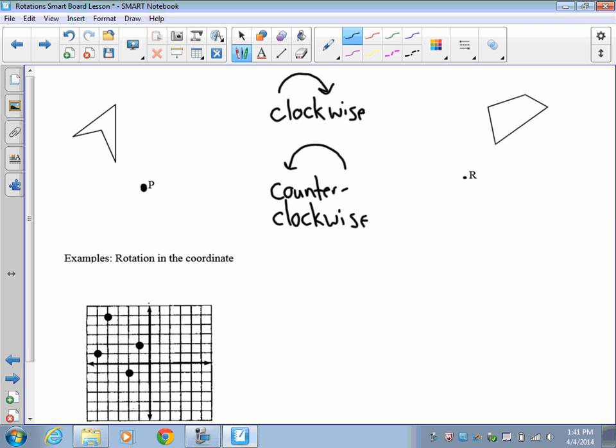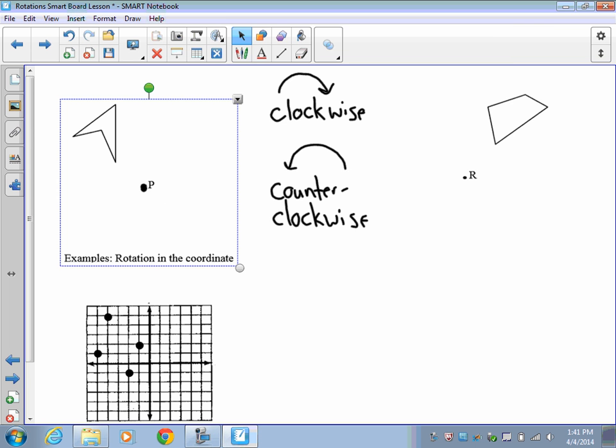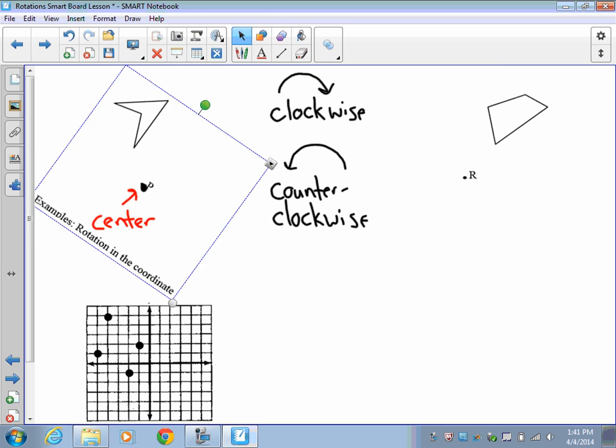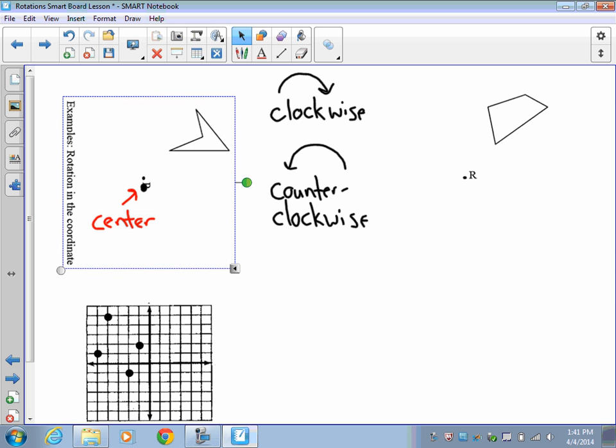So number 1 says 90 degrees clockwise. So I take this, point P is in my center. And I rotate it. So like I said, point P is not going to be perfect. As you can see, it's not the same exact spot.